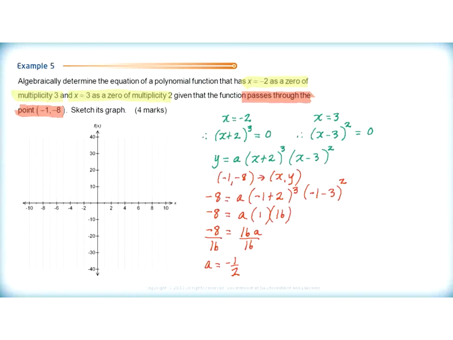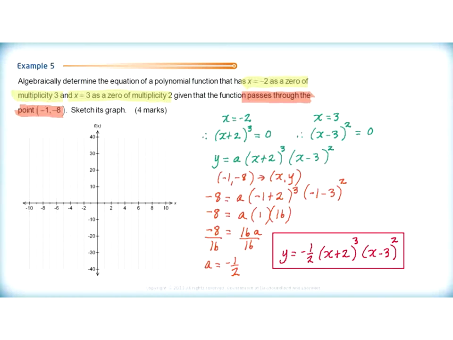So the equation of this polynomial function is y equals -1/2 times (x plus 2) raised to the power of 3 times (x minus 3) raised to the power of 2. So that is the polynomial function that we were asked to determine.